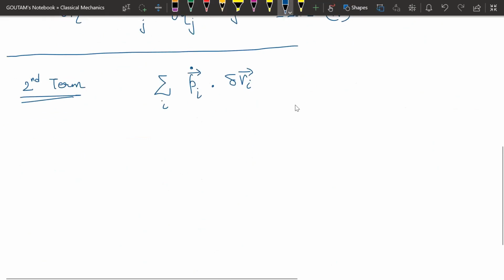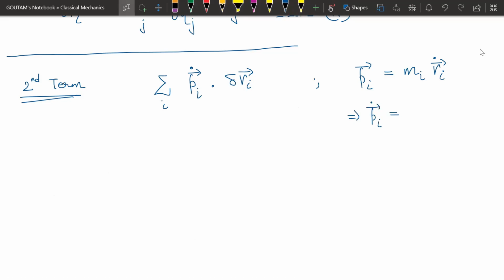So what is this Pi dot? This is the rate of change of momentum. Pi is mass times velocity, mi times Ri dot. Velocity means dri dt, that is Ri dot, the rate of change of position with respect to time. If we take the derivative again, then Pi dot will be mi Ri double dot.